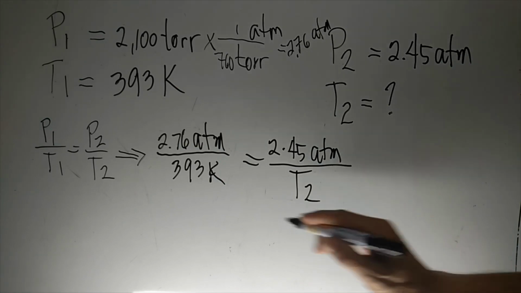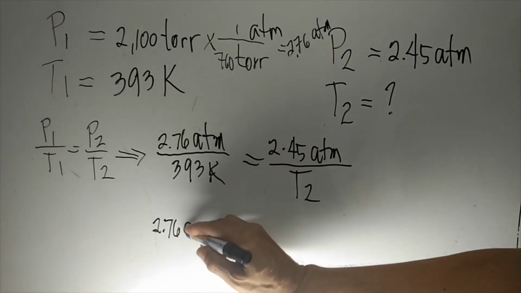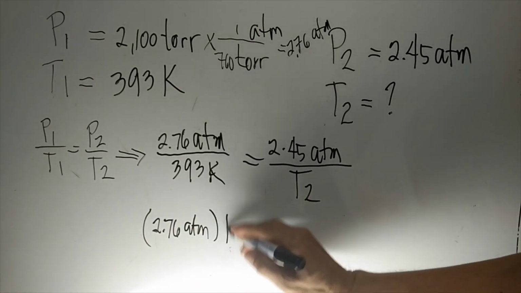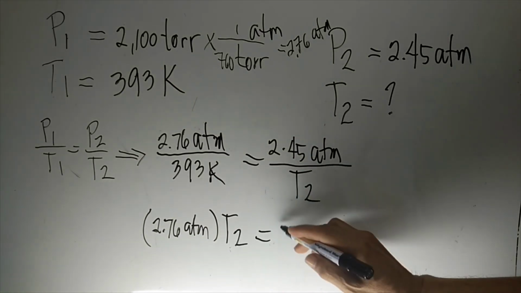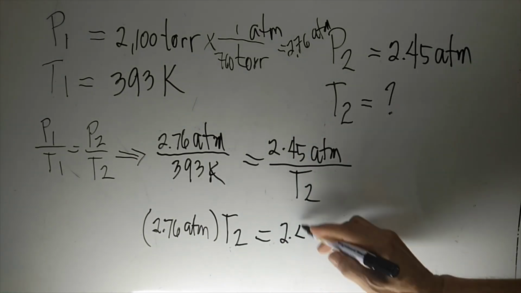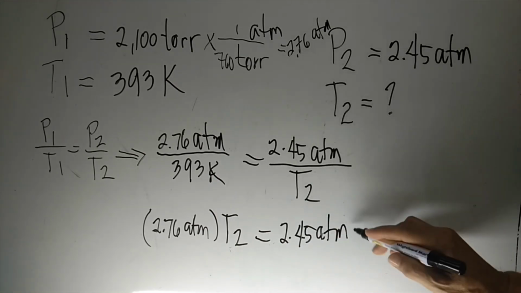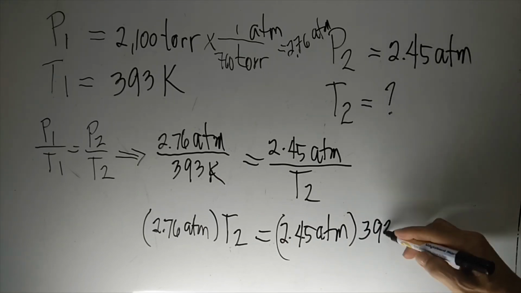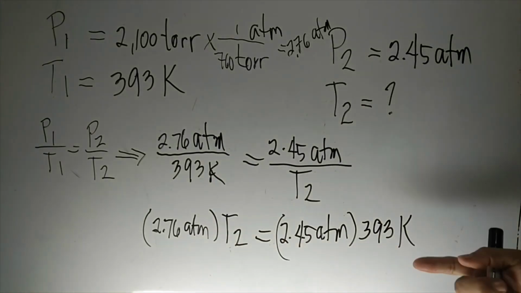So this will become 2.76 atmosphere times T2 is equal to 2.45 atmosphere times 393 Kelvin. So we'll transpose this to the other side.